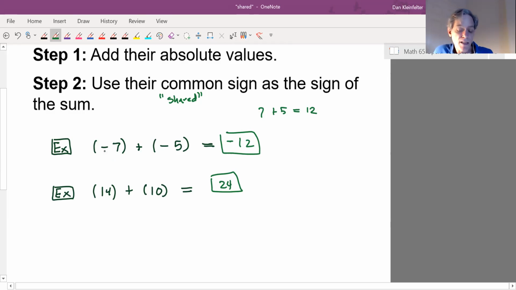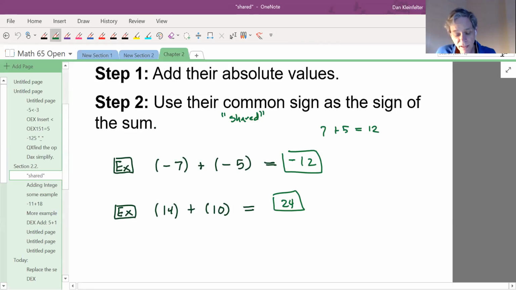If somebody lost 7 pounds in 1 month and then they lost another 5 pounds in another month, then their accumulated, that is added, decrease in weight would be 12 pounds over those 2 months. I'll leave it to you to make up your own story involving, I don't know, a gopher digging 7 inches underground, and then another 5 inches underground, and then how far down is he after all? Okay, all right.